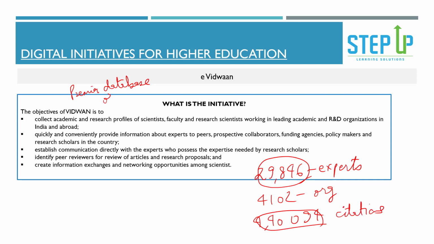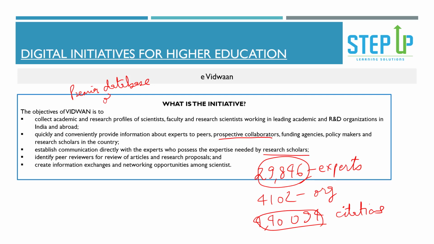So it's really a huge repository to make sure that all of our scientists, all of our think tanks, right, all the scientists, their database is available, so that they can talk to each other, they can collaborate, right, if somebody needs help. So prospective collaborators, funding agencies, policymakers, they can all stay connected, right, to establish communication directly with the experts who possess the expertise required by research scholars.